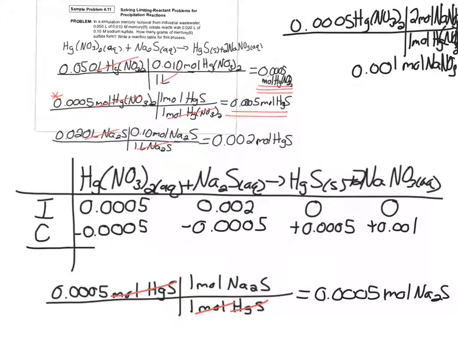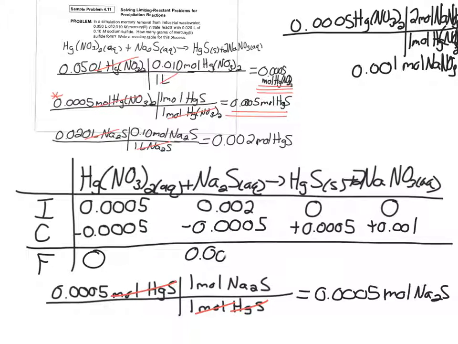And now the last part of our reaction table, I'm going to add everything, tally everything up, and we call that final. So for the mercury nitrate, 0.0005 minus 0.0005 is 0. For the sodium sulfide, 0.002 minus 0.0005 is equal to 0.0015. That's how much of that I'm going to have left.